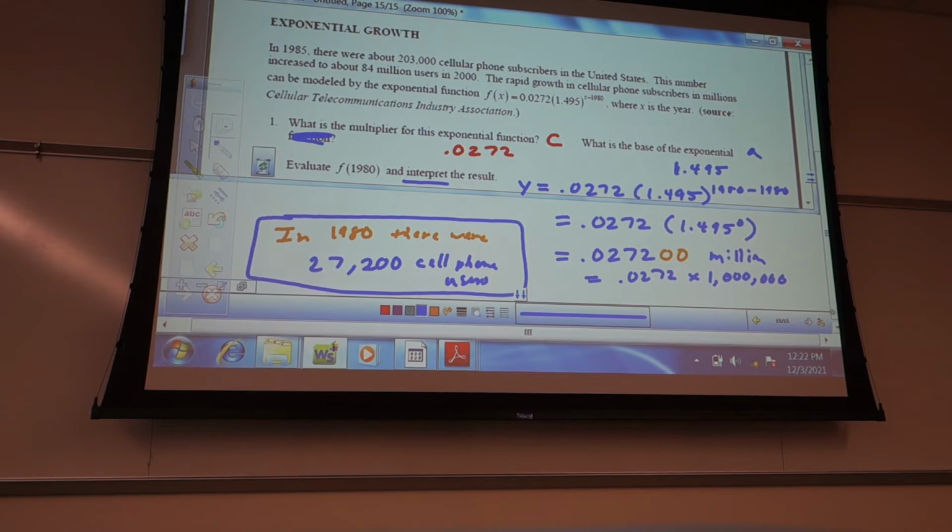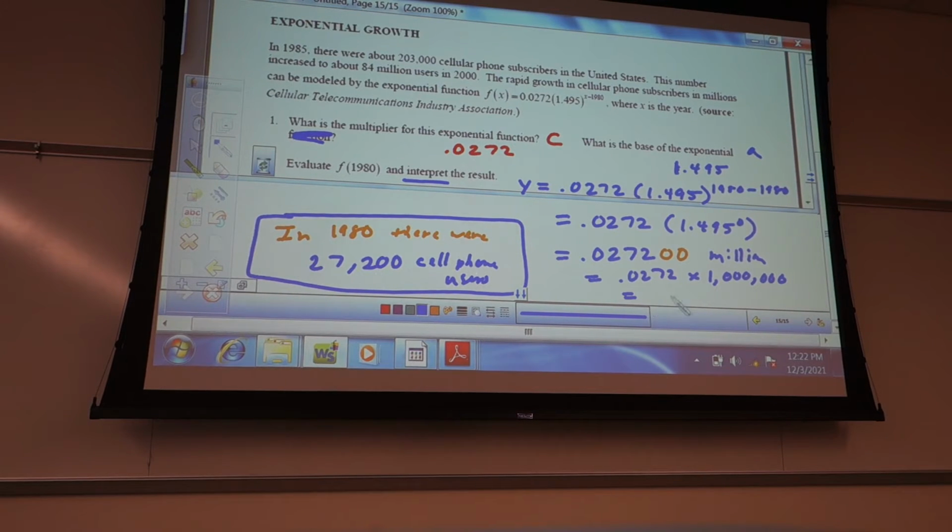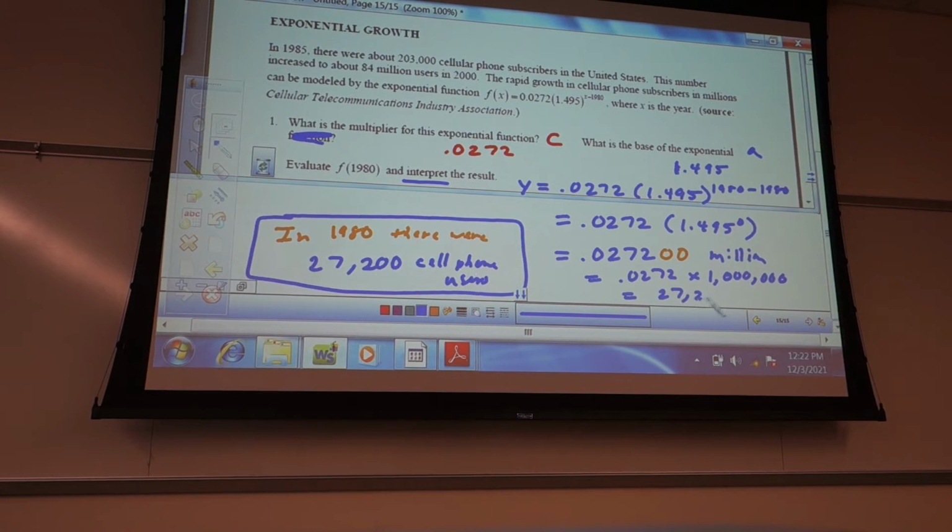Right? We have that many million. So that's 27,200 people. So you said you moved the decimal point 6 places? Well, I just multiply it by a million. Hypothetically, can you go 6 times 100,000? So 0.0272 times a million.